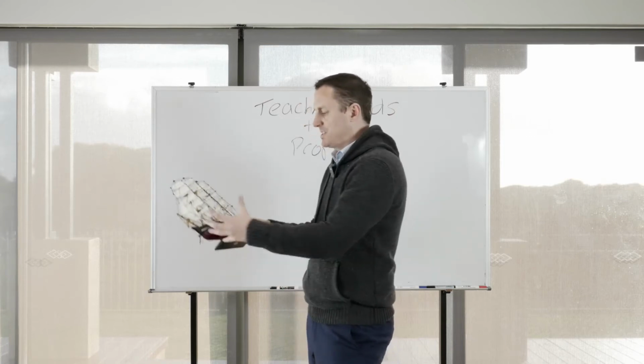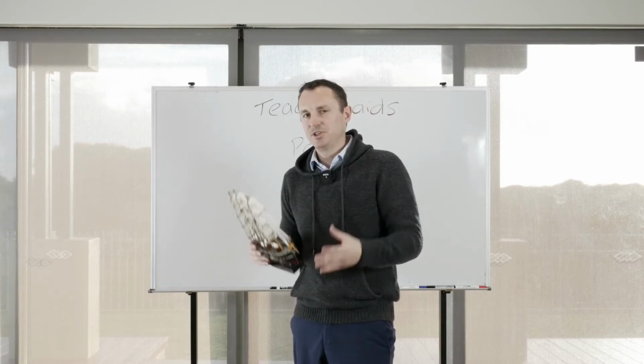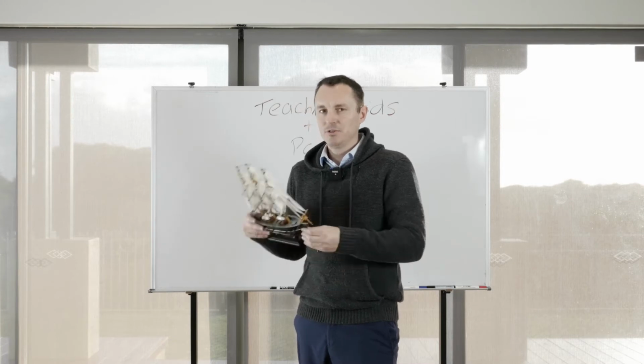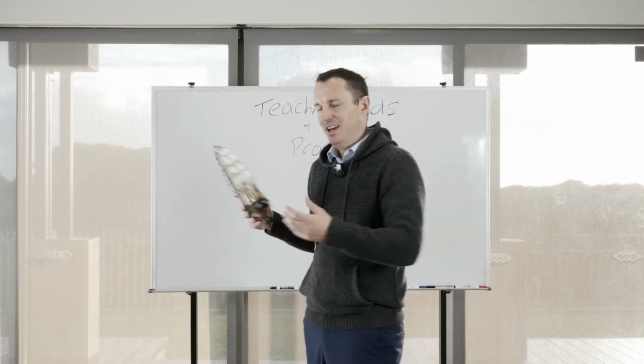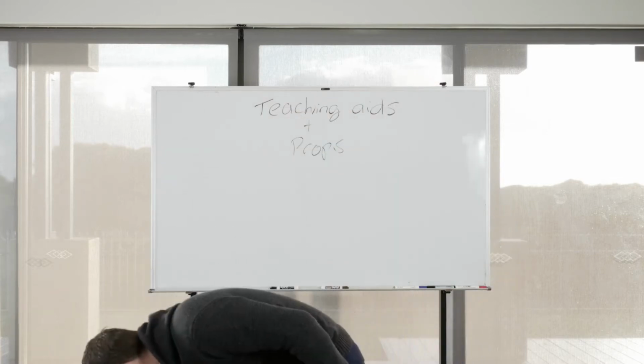So props such as this, just a little ship, gives students another way to access information and another way for you as the teacher or teacher aide to explain what's going on.